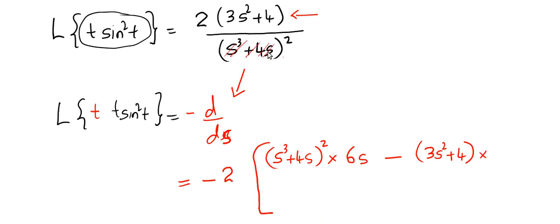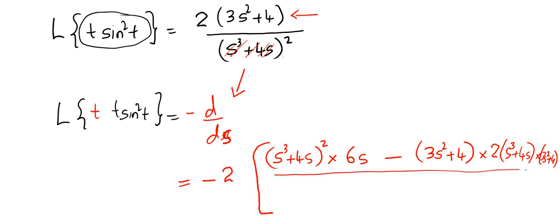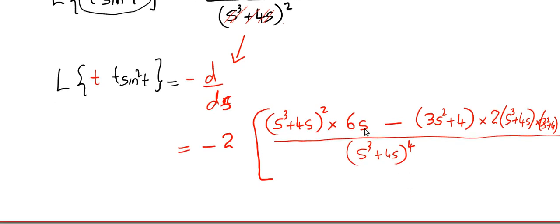Can you see something squared? So the derivative will be 2 into the same thing times again 3s square plus 4, the whole divided by s cube plus 4s, the whole square, that will be whole power 4. Now simplify this and you will get the answer.